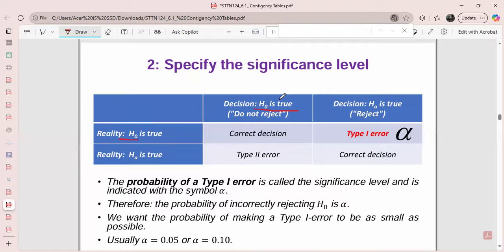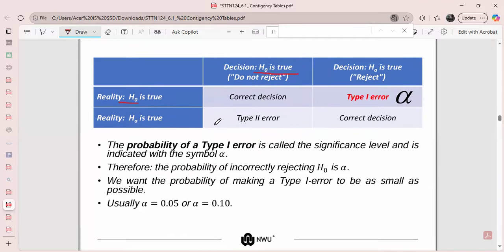And if our reality is that H0 is true, but the decision is that we reject the null hypothesis, it means that the decision says the alternative hypothesis is true. Therefore, we're dealing with what we call the type 1 error. But under the reality, if the alternative hypothesis is true, and our decision here is that we do not reject, it means we're dealing with what we call type 2 error.